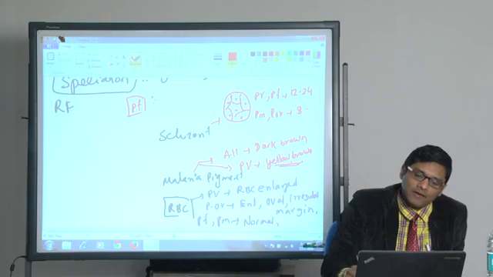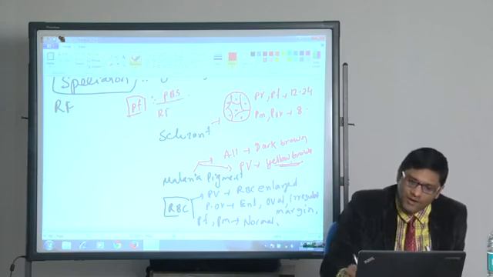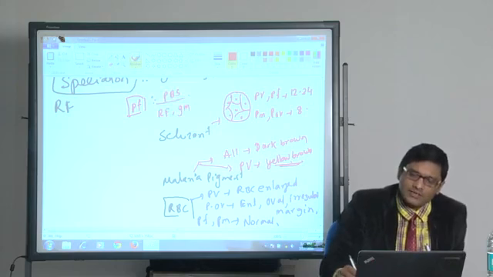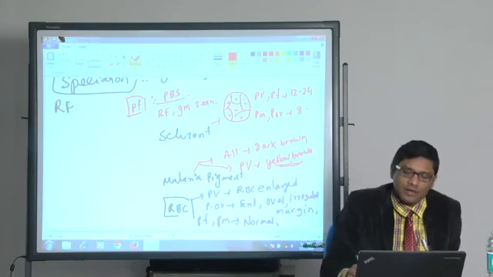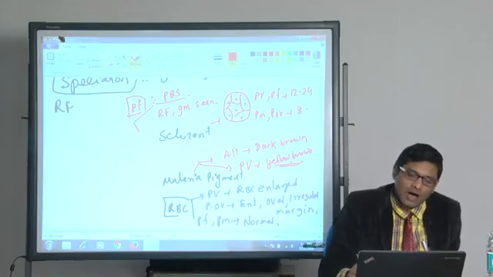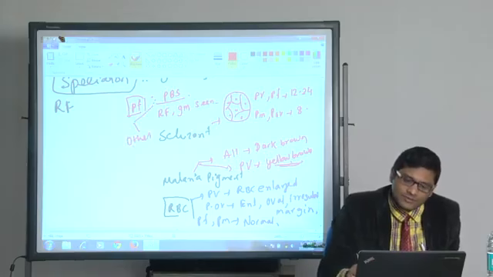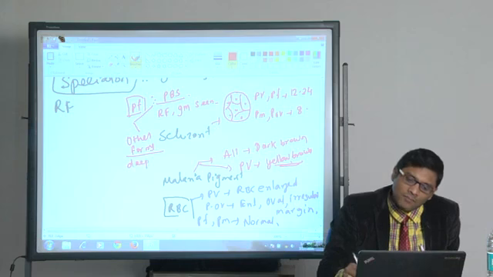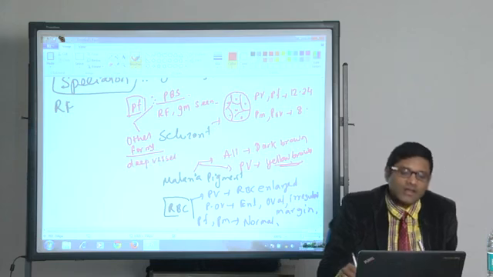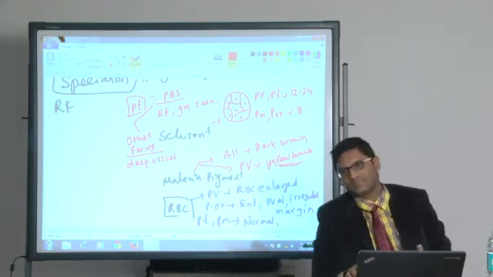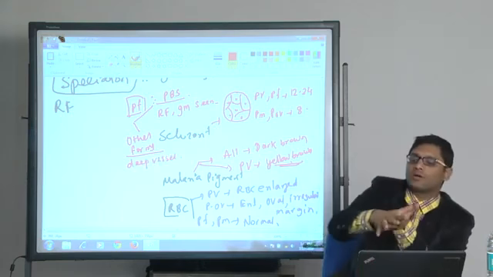One more thing I want to emphasize here: in falciparum, in the peripheral blood smear examination only ring form and gametocytes are seen. The other forms are seen only in the deep vessels, not in the peripheral blood vessels.